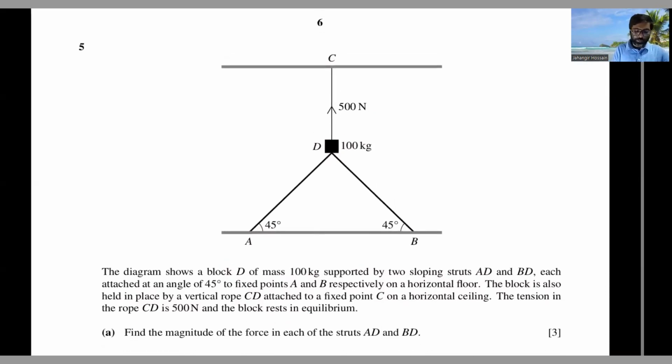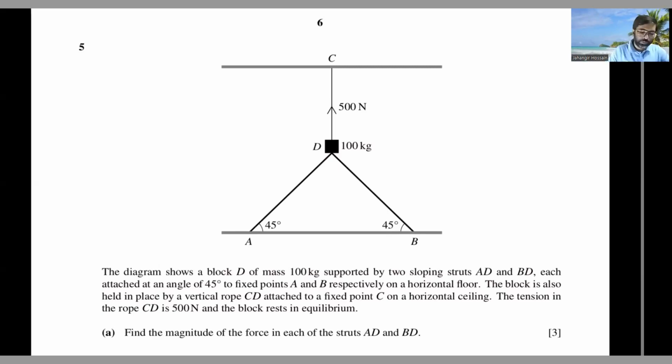So let's see what it means. The block is supported by the struts, so each strut will provide a push to the block so that it doesn't fall. Whenever a strut or rod applies a push, we call it thrust.